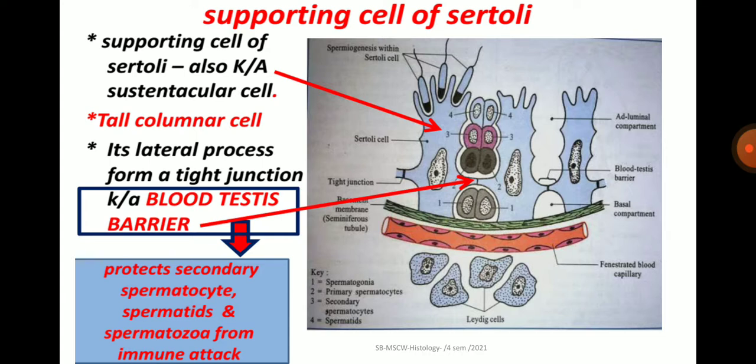So that K/A in this sentence says 'called as'. It is called sustentacular cells, and they are irregular shaped tall cells, that is, columnar cells. At the base, the cells rest on a basement membrane, and the apex extends into the lumen. You can be seeing the sectional view.